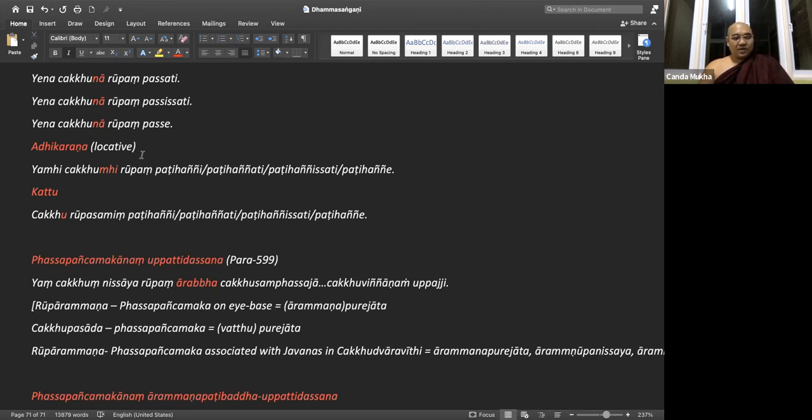It is a locative case ending. So Jaku is used in the locative sense: in the eye, the visible object strikes. Then the verb is Padihanyi. Here in this context, a person is not taken into consideration, but rather the striking between the materialities, the visible object and the eye base.